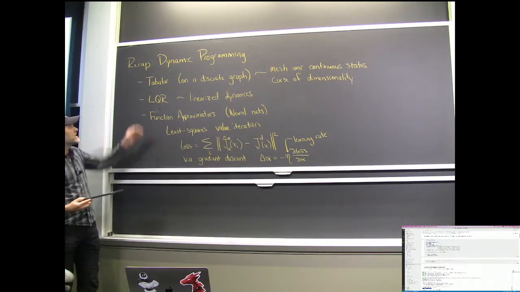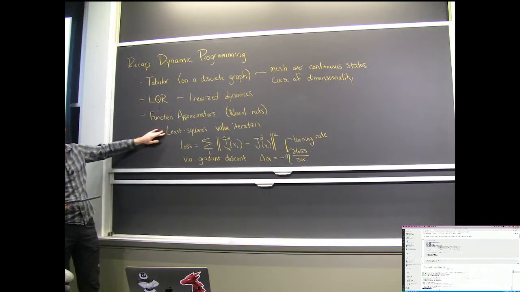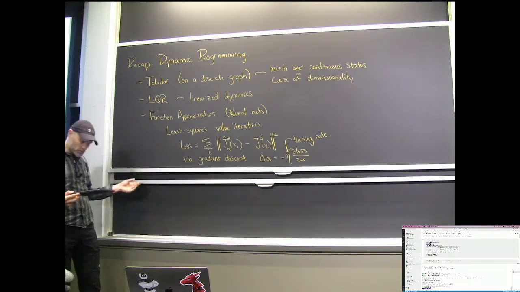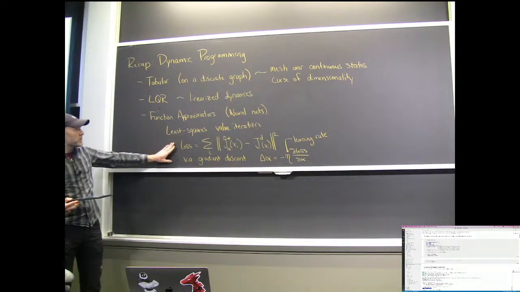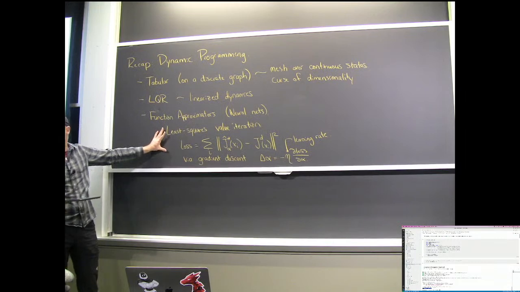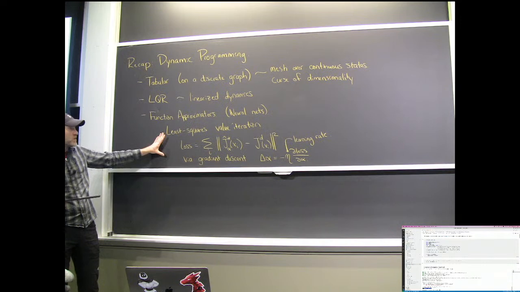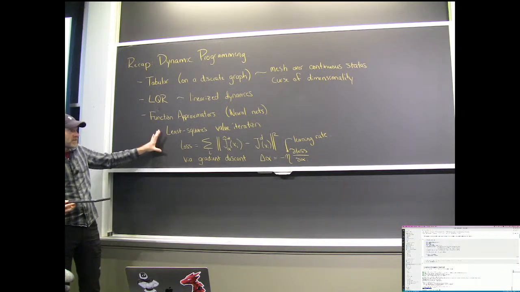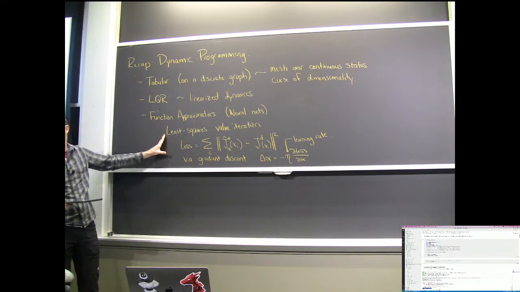So these are exact dynamic programming in some sense, and this becomes an approximate dynamic programming. There's a special case where the least squares value iteration has very strong results, which is the linear function approximators. That's actually a pretty powerful class. But in the full neural network case, we don't have those guarantees.